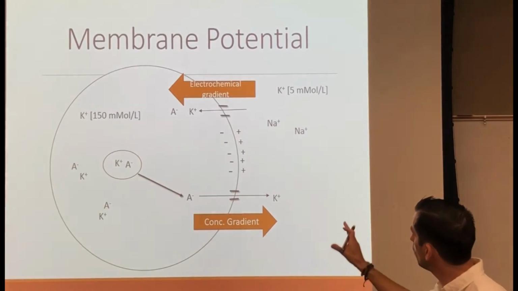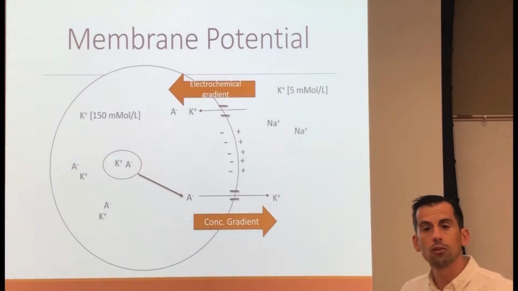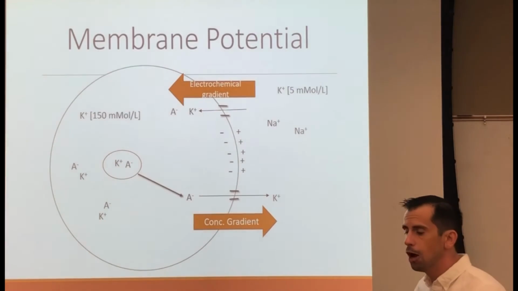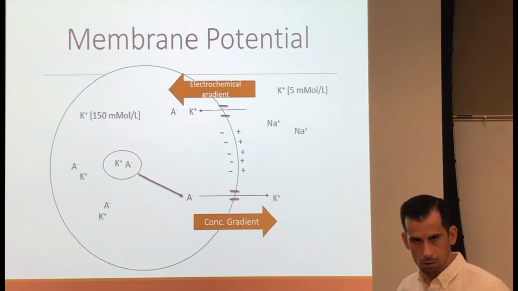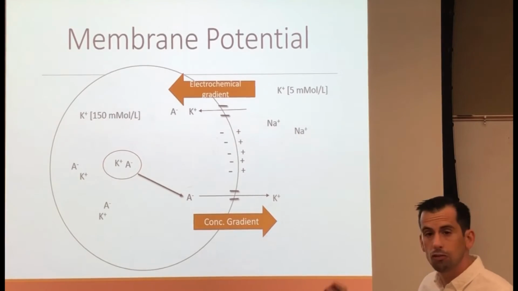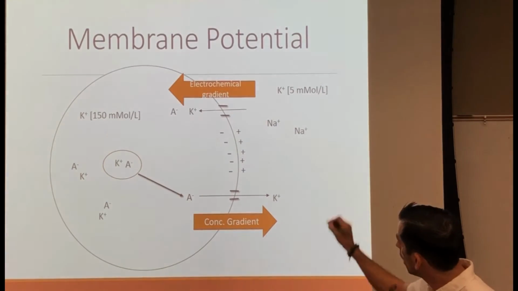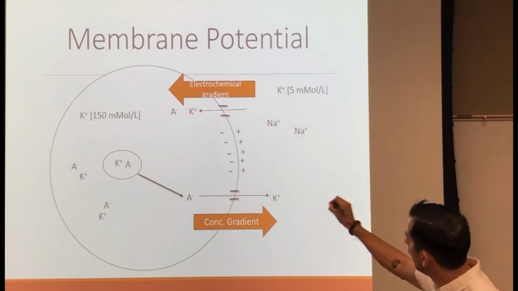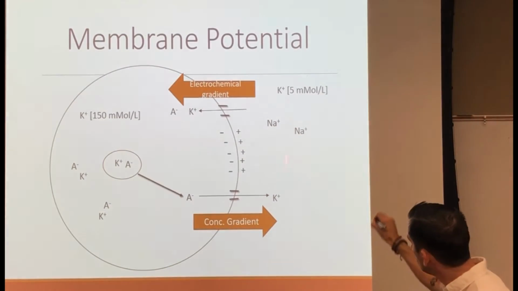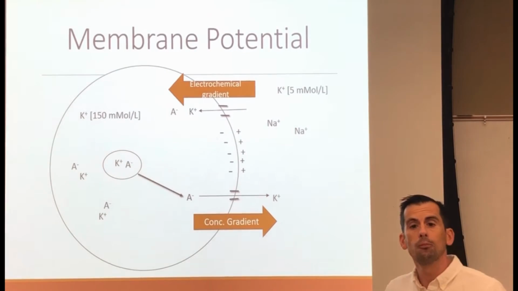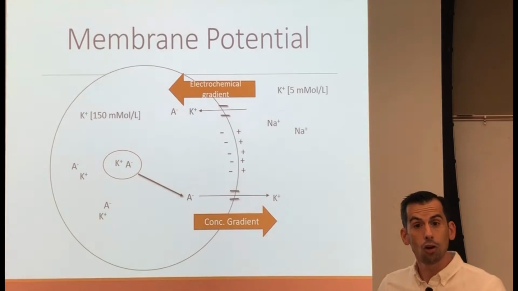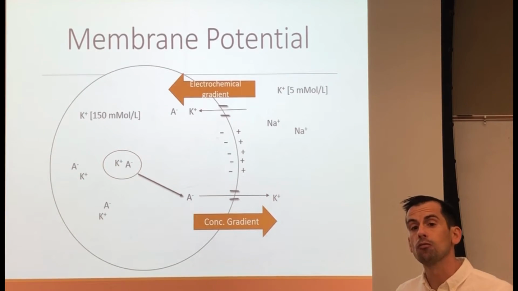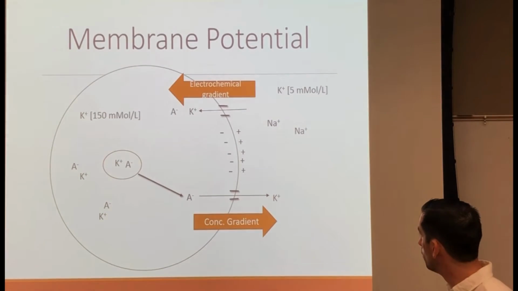So we see potassiums leave the cell based on their concentration gradient, and then we see those same potassiums pulled back into the cell by those negatively charged anions that were left behind along its electrochemical gradient. So we see potassiums leave through one door and enter back in through another. And this movement starts to look like something that we should describe as a current now, giving us our membrane potential or membrane voltage across that plasma membrane.